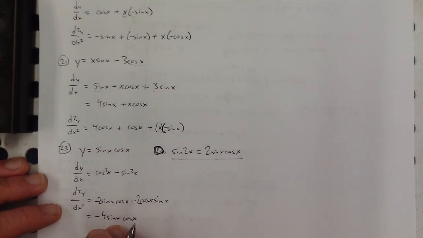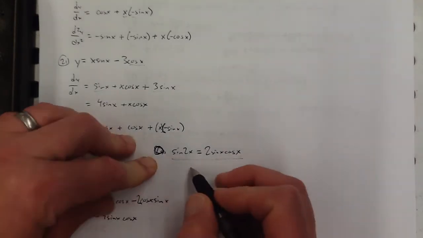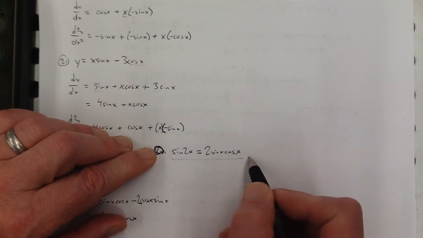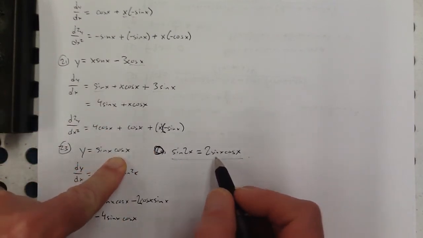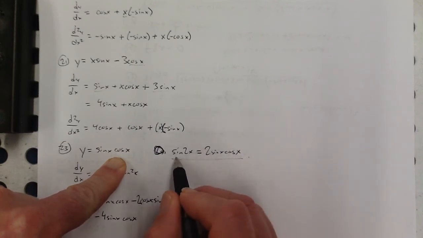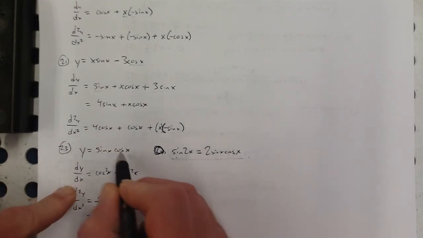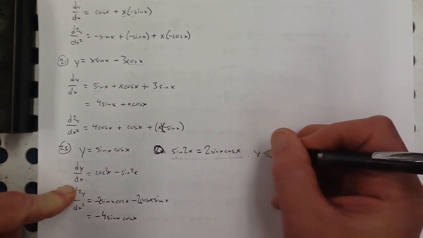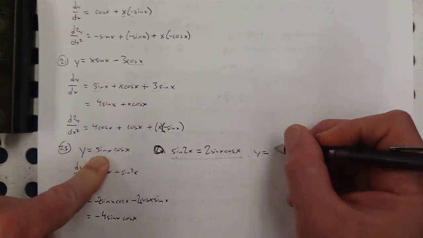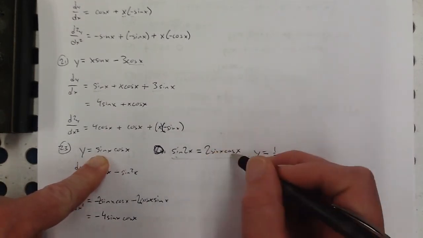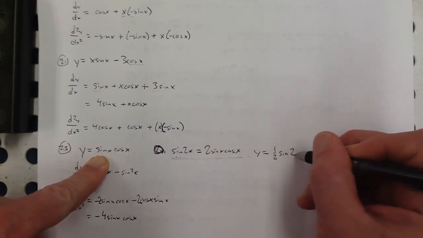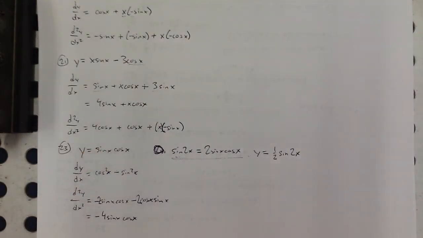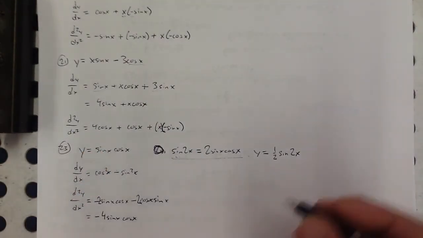The half angle ones, I don't think you're going to see those much, or at all. So here, this one, if we recognize, oh, I got a sine x cosine x here, so if I divided both sides of this by 2, then this is the same as 1/2 sine 2x. Oh, and you know what? I guess we can't do it that way right now because this is a composite function.